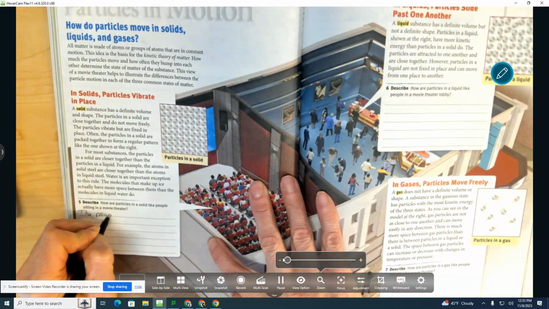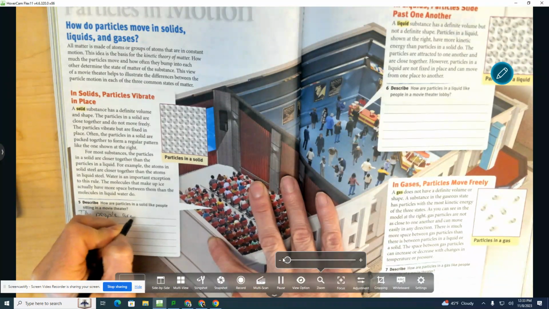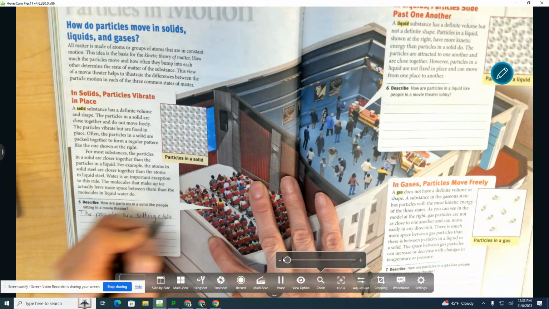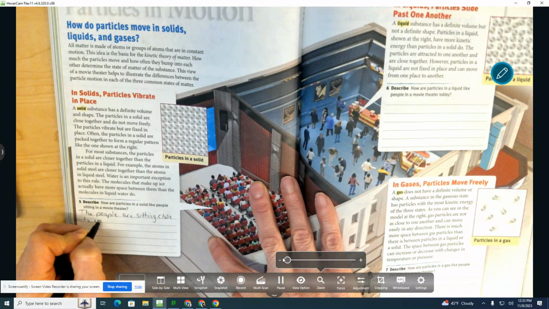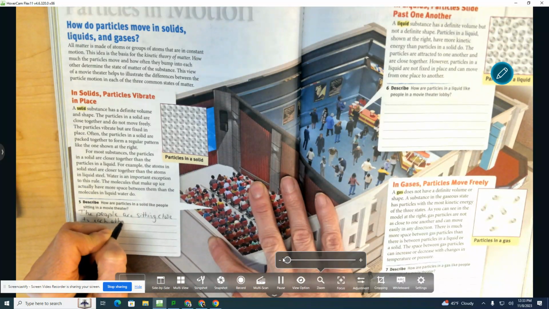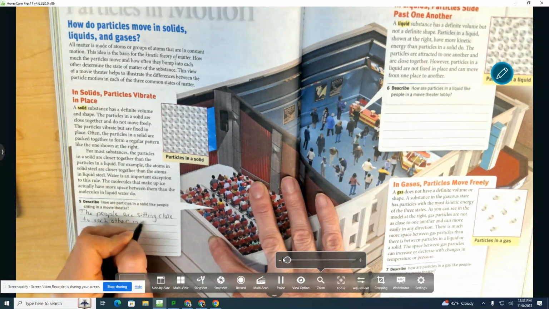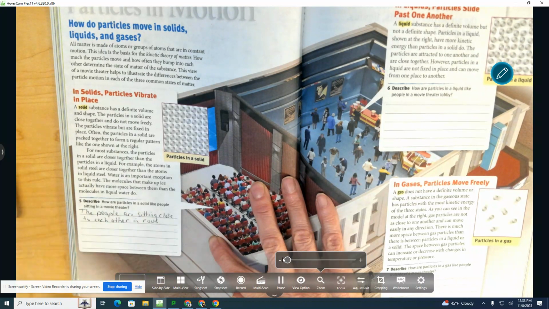The people are sitting close to each other. They're practically touching in rows.